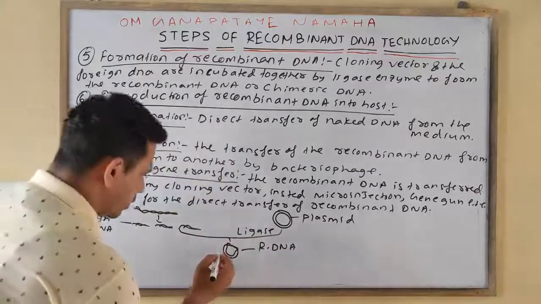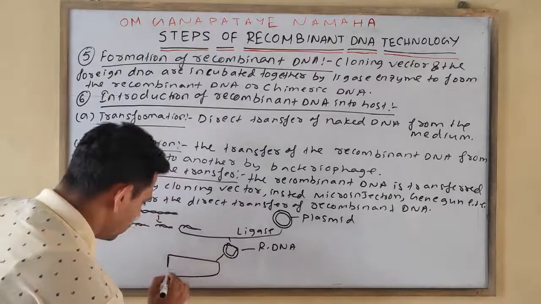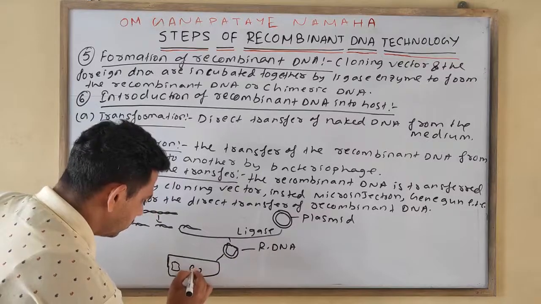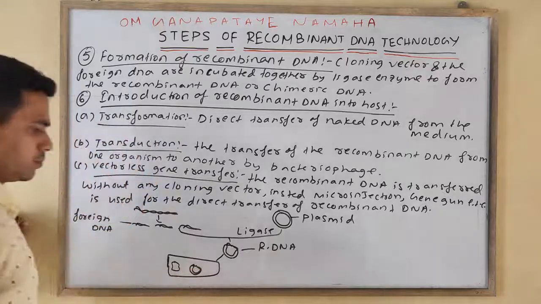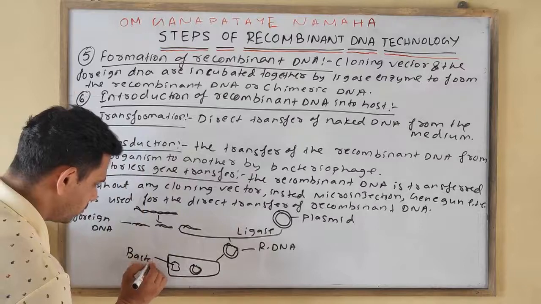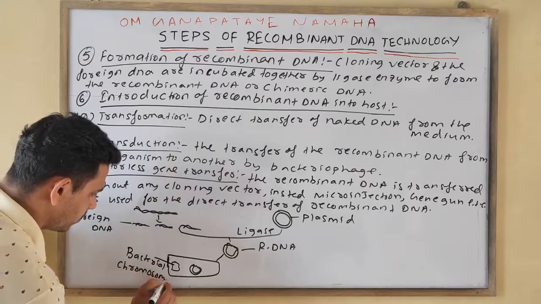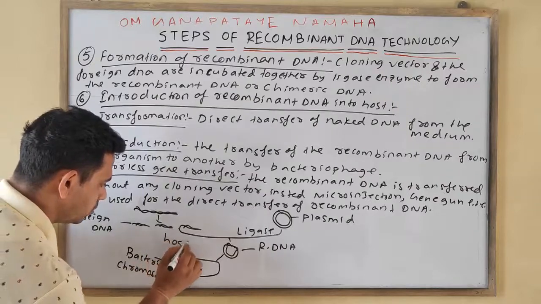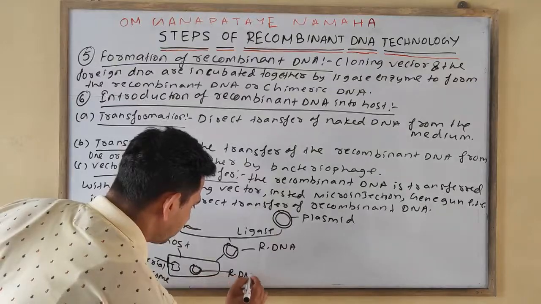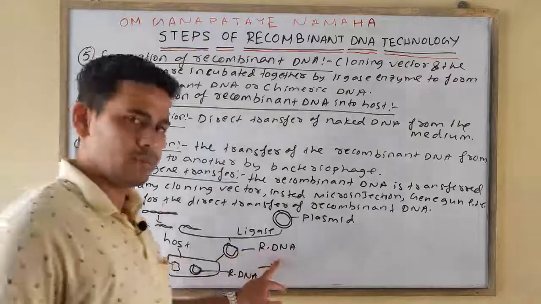Okay, then this will be transferred into the host, having the bacterial chromosome. This one is your bacterial chromosome, this one is your host, and this one is your rDNA, or the recombinant plasmid.